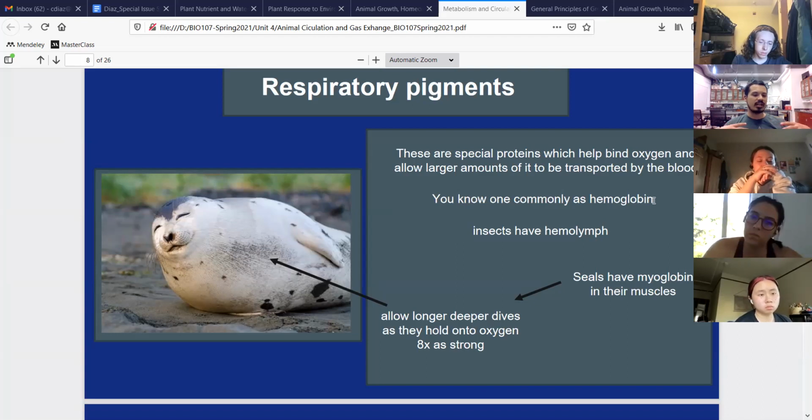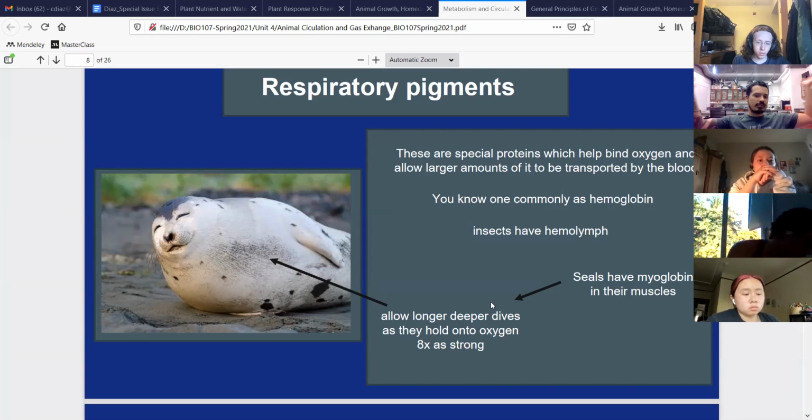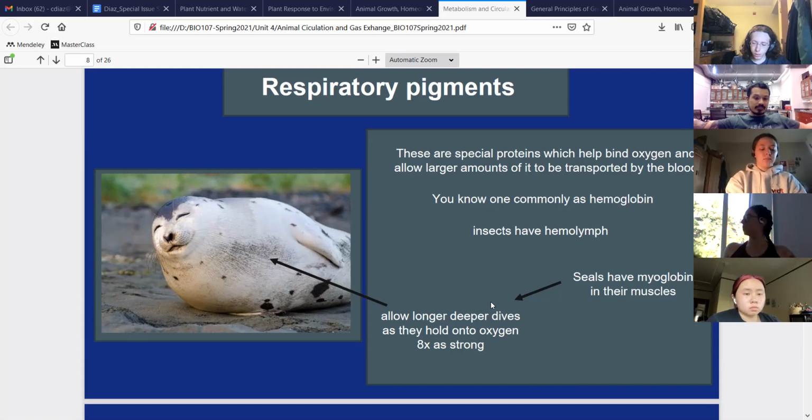In these animals, the myoglobin holds onto all this oxygen while they're underwater and can't breathe, and it'll slowly diffuse out. We are going to need it a lot more active. We're surrounded by oxygen, we're breathing, it's coming into us, so that myoglobin may never let go of the oxygen because it's never going to be forced to. There's not enough of a gradient. So I hope that clears it up.